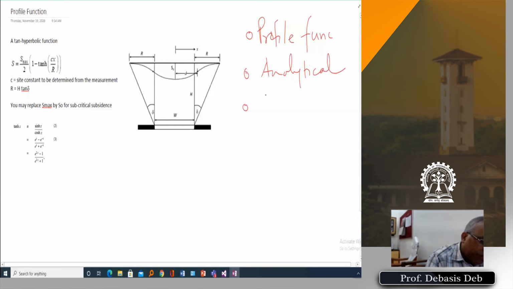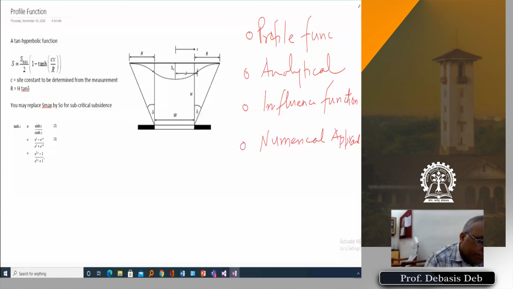Another is the influence function. This is now the most popular, and it's a very interesting method. And then the numerical approach. Another is maybe analytical or mathematical, you can also call it mathematical.